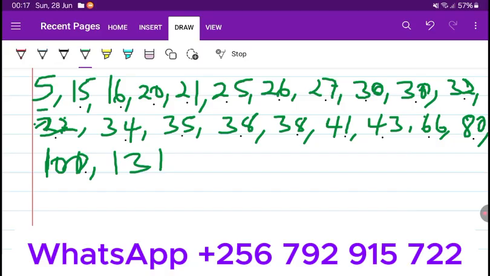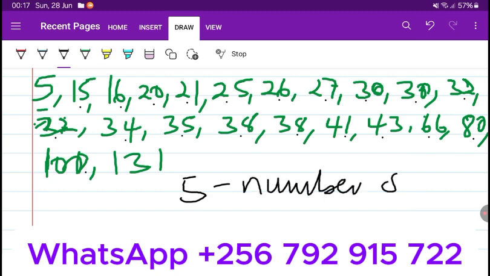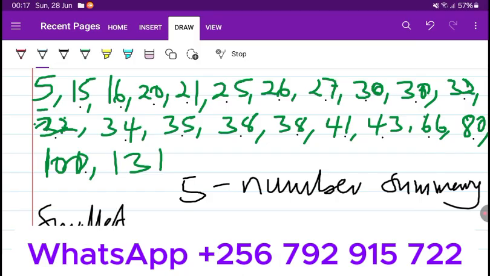Of course, let's start with our five-number summary, where we start with the smallest value, or the minimum.